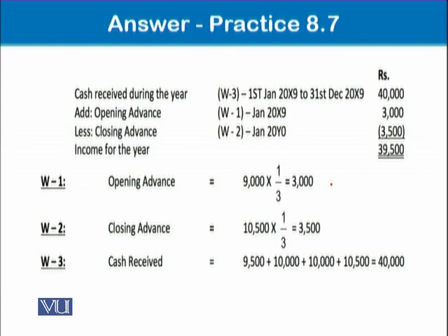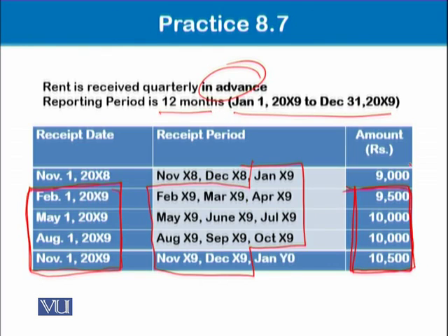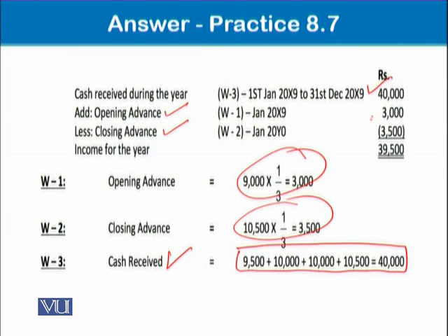So let's see the working. This is what we have received during the period, cash received, which is 40,000, which should be adjusted with opening advance and closing advance. And here we go. Opening advance we will work out through this 9,000, in which 1 month belongs to our reporting period, and here we go, 3,000 that belongs to our current period, that's why we add this.